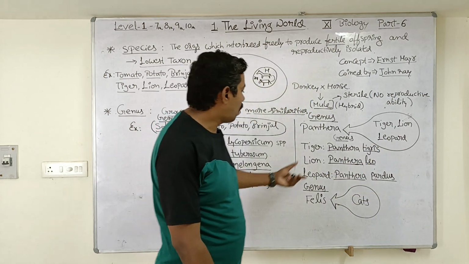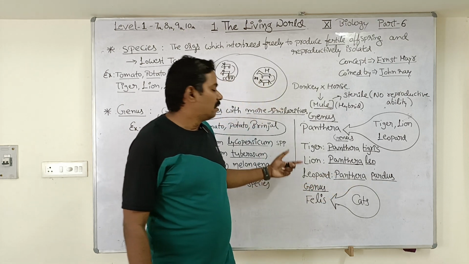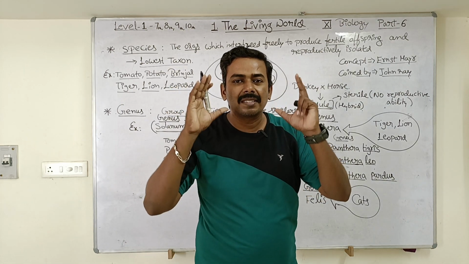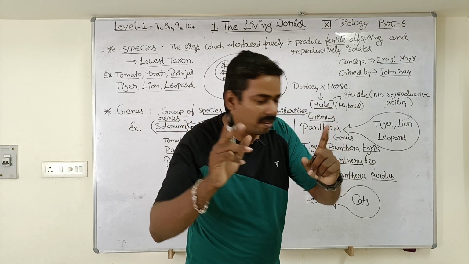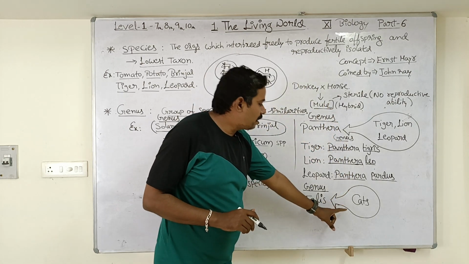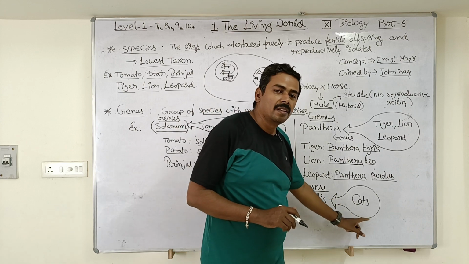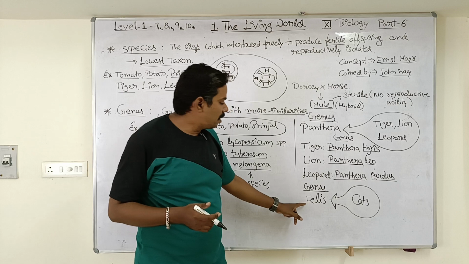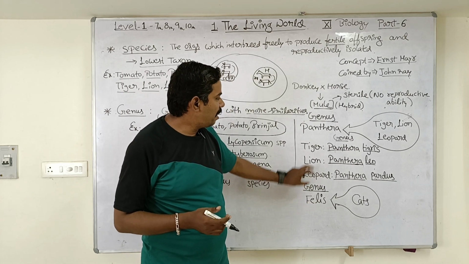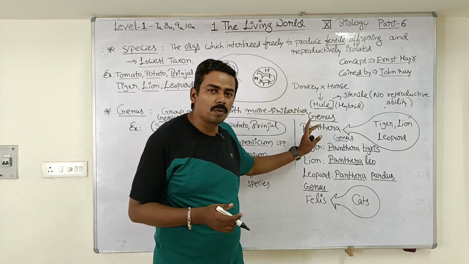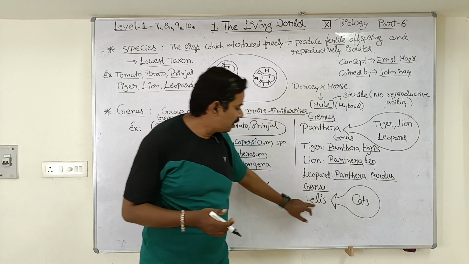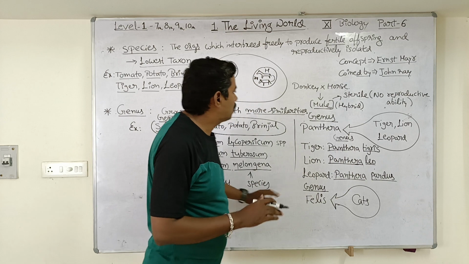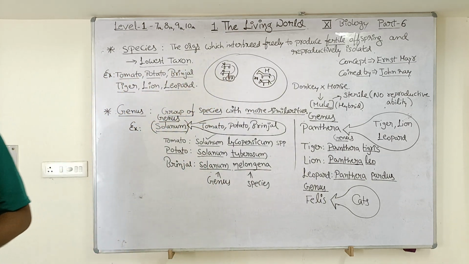So from this you came to know that the closely related species can be kept in a taxon called as genus. Understood? Now, there is a separate group for cats. Different breeds of cats can be included in a common genus called as Felis. This is completely different from the genus Panthera. All the cats are included in a genus called as Felis. Understood, students? Copy down this.